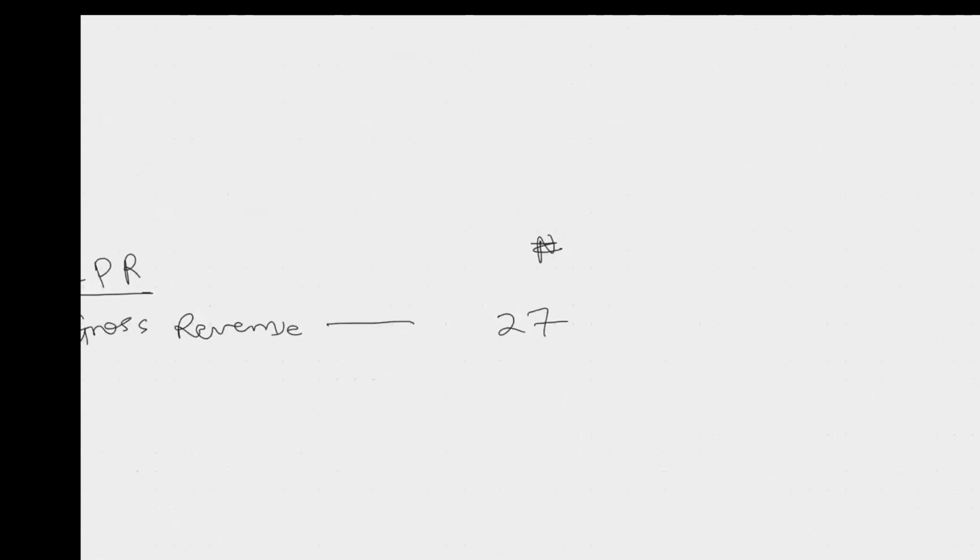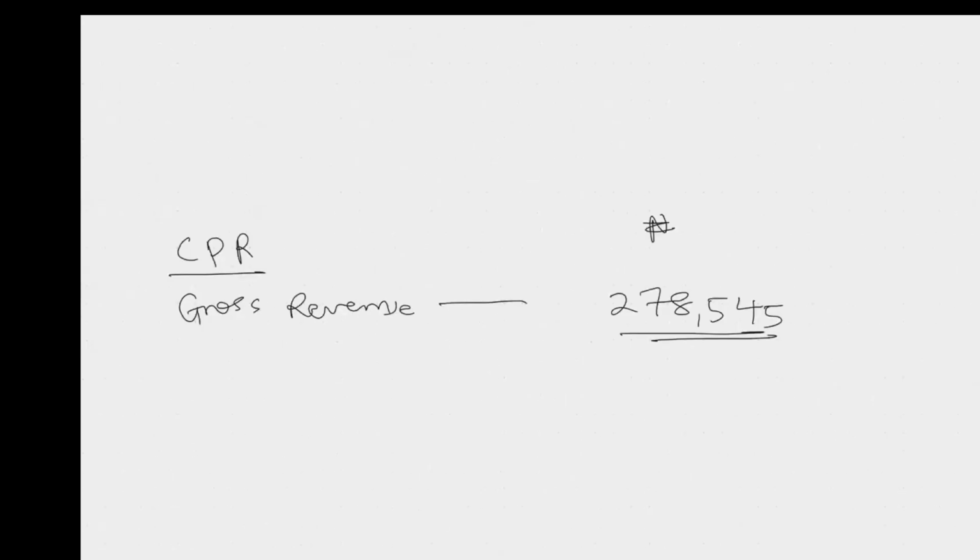So the maximum that we can take is a maximum of 65% of the revenue. What is 65% of this revenue? 181,054.25. Leave that 0.25.